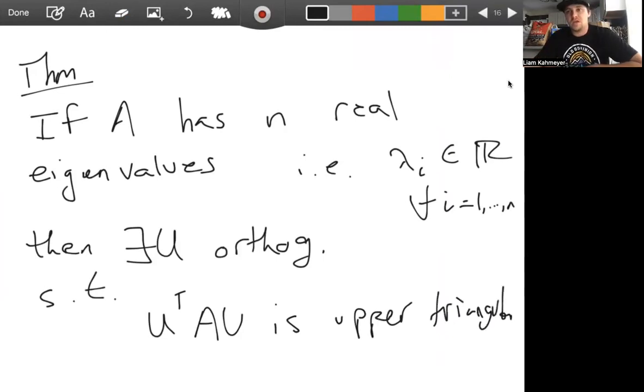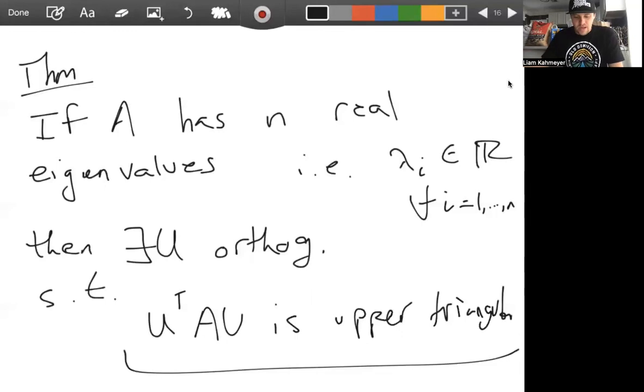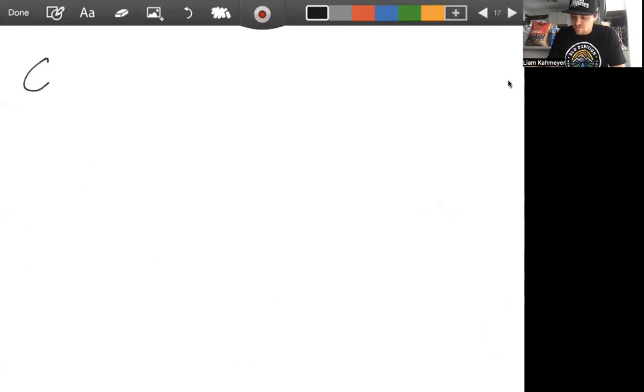Right? Remember when we were studying LU factorization, we were writing matrices as the product of a lower triangular matrix and an upper triangular matrix.